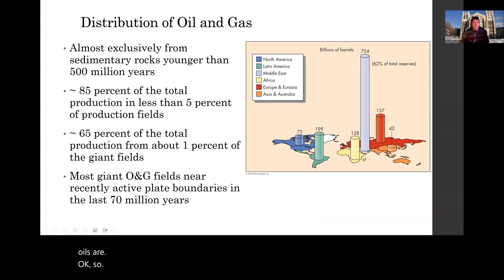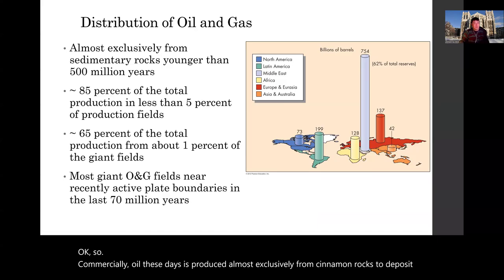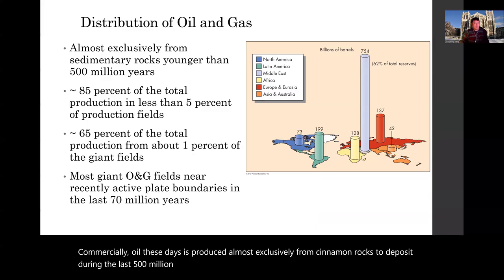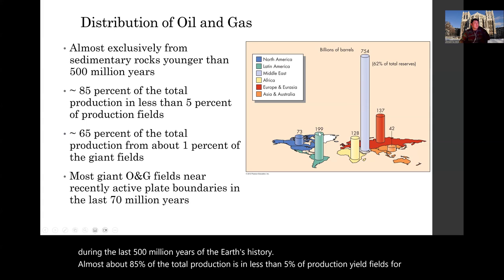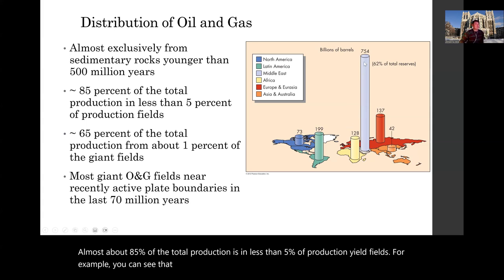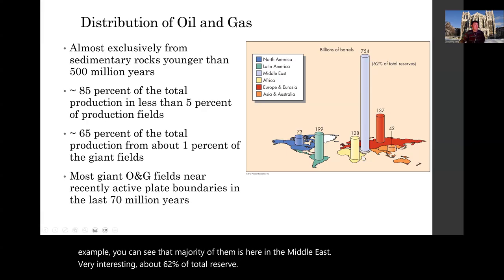Commercially, oil these days is produced almost exclusively from sedimentary rocks deposited during the last 500 million years of the Earth's history. About 85% of the total production is in less than 5% of the production fields. For example, you can see that the majority of them is here in the Middle East, which is very interesting, about 62% of the total reserve, in billion barrels.